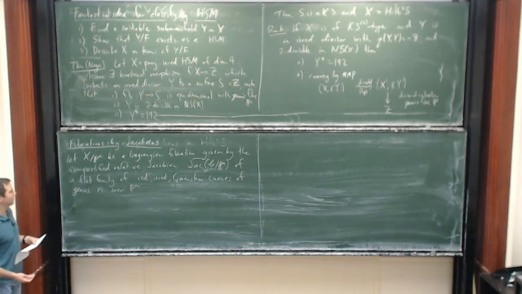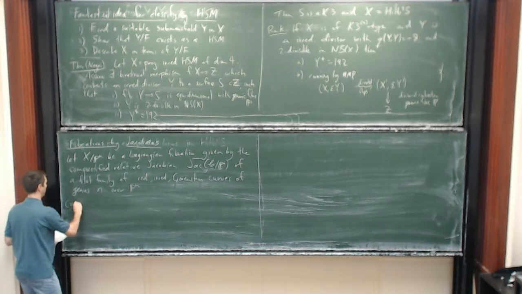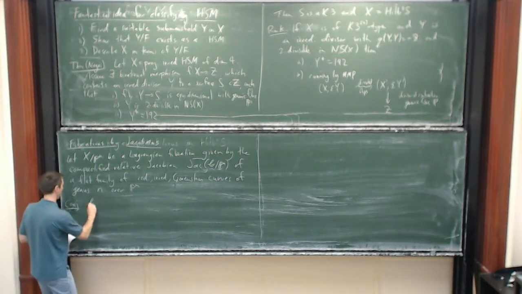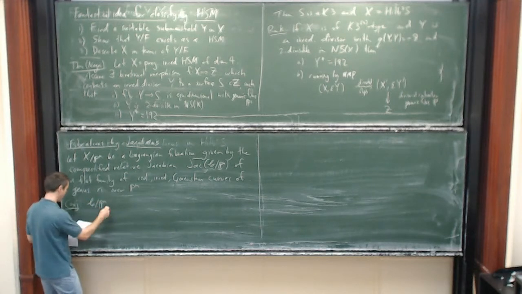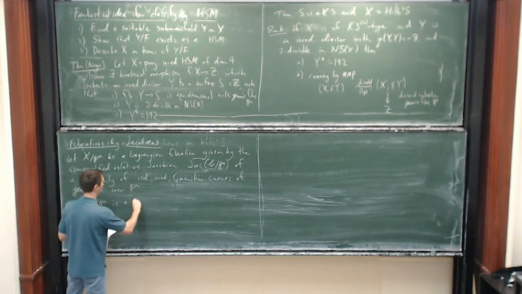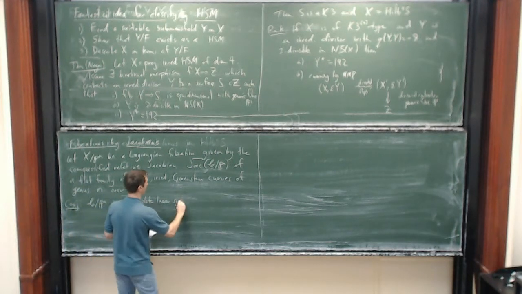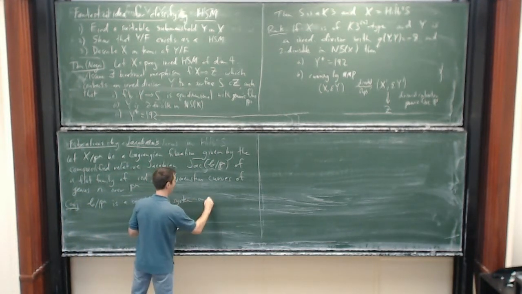Okay, so in this situation, the expectation is that this is the Brill-Mukai system. So this family of curves is a complete linear system on a K3.